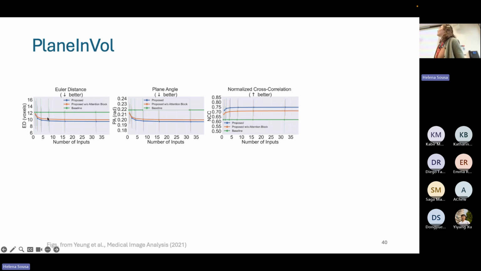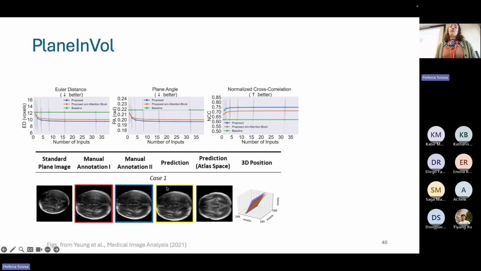So actually adding more context is quite helpful. And this is also for plane angle and similarity. I think this was using simulated slices on unseen volumes, but then they also tested on real 2D scans that were manually annotated by two different experts. And this is just one of the examples that they propose.